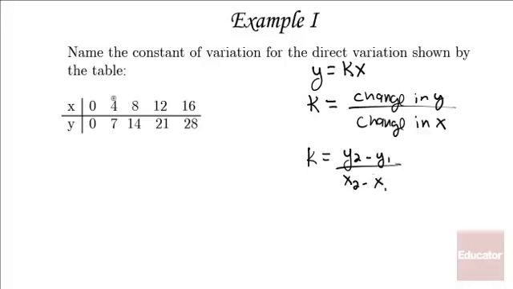So I'm going to choose two sets of values. It can be any two. I'm going to go ahead and choose 4 and 7 and 8 and 14. So I have my x1, x2, y1, and y2.